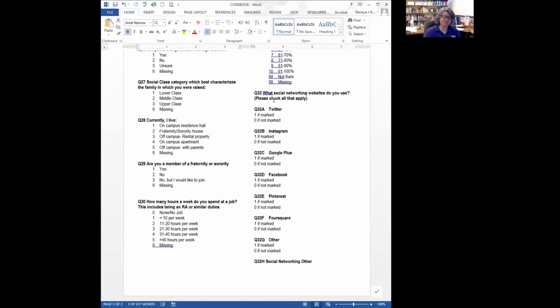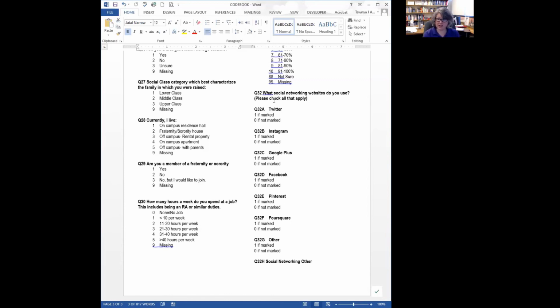So I'm going to create separate variables for each one of the responses. Question 32A is for Twitter, question 32B is for Instagram, question 32C, and they're all going to have 1 if marked, 0 if not marked. Here, not marking it isn't the same as missing data, so I don't have to use a 9 or a 99.